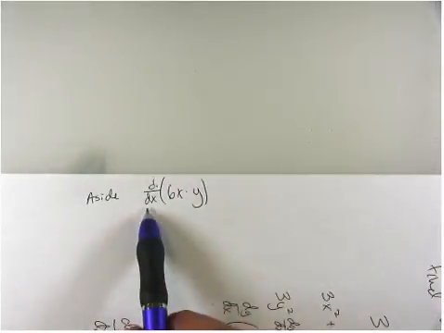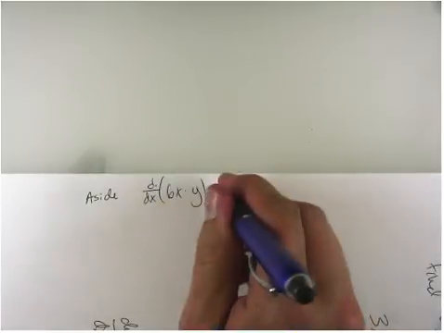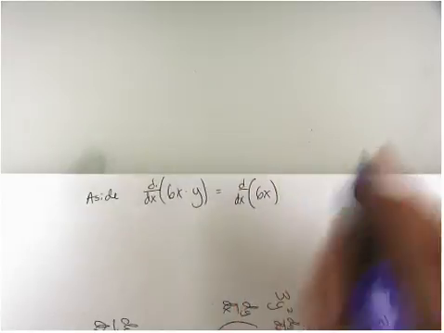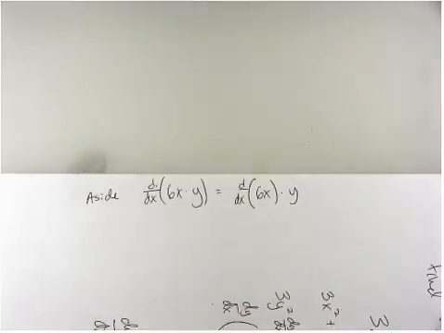Okay. So I'm taking the derivative of 6x times y. So that's the derivative of 6x, the derivative of the first factor. I'm going to leave the second factor alone.